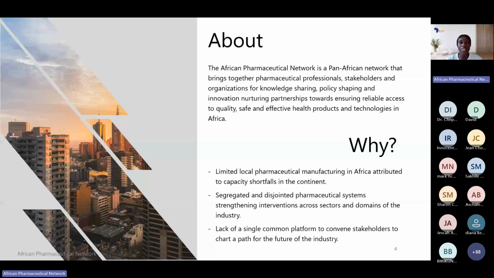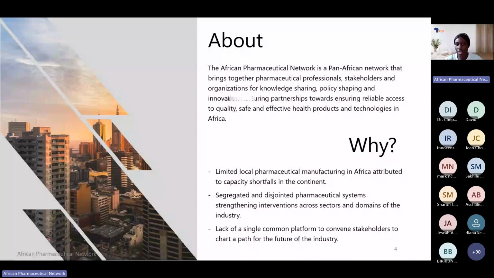When we look at the continent as it is and addressing the various challenges that we are experiencing in the pharmaceutical industry, we were established because of the following reasons. We had limited local manufacturing in Africa attributed to capacity shortfalls in the continent. For us, we are very keen on empowering the pharmaceutical workforce in Africa, ensuring that all the individuals working within the sector are capable, well skilled, and have the resources that they require to thrive in this environment.